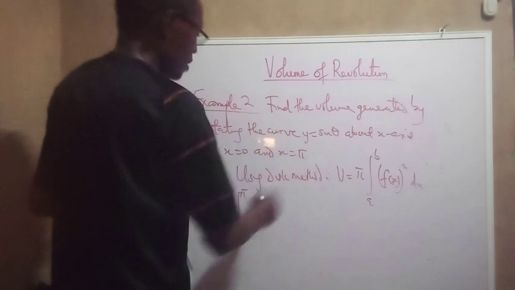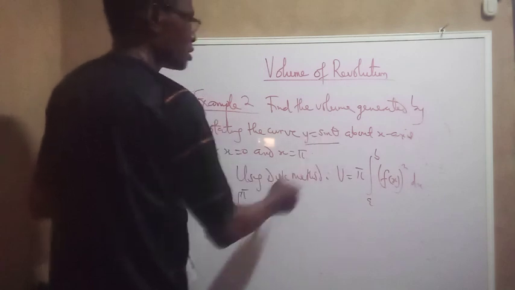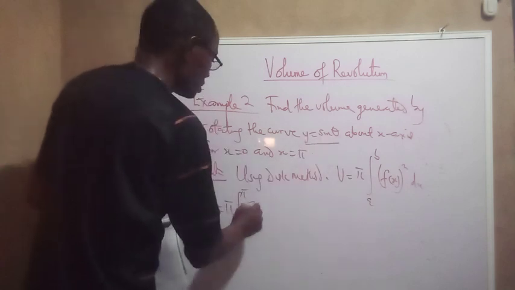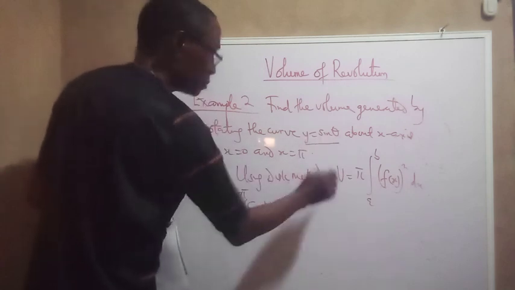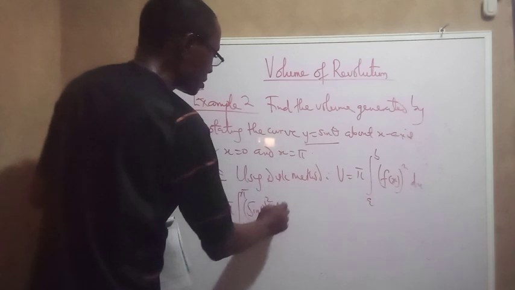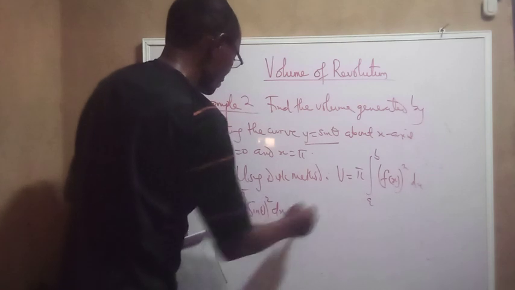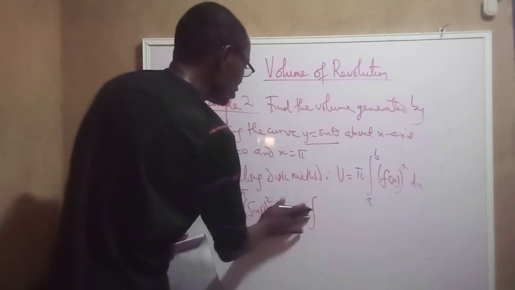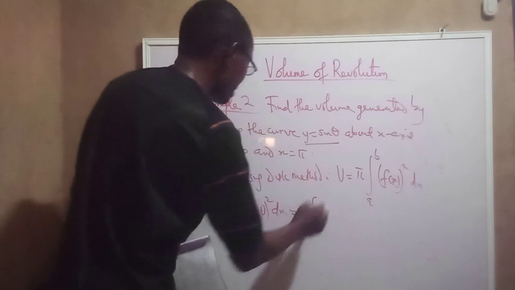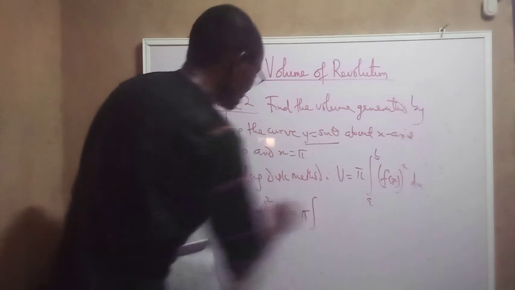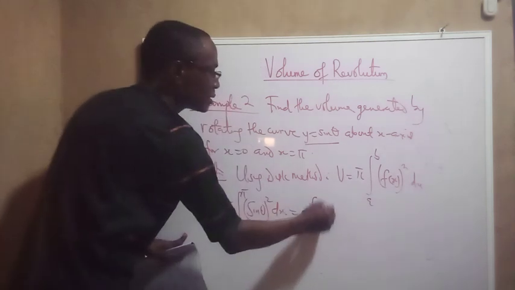Beautiful. Now f of x, that's the function, which is y is equal to sine theta all squared, because that's just there, the x. So by the time we expand this, we have V is equal to pi multiplied by, this will be sine square theta.